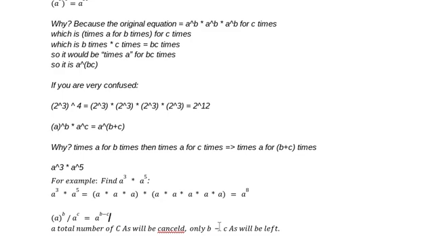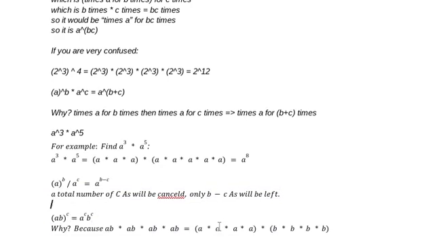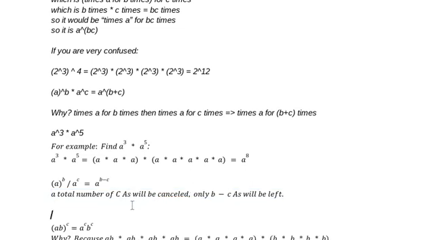The next thing would be this. This one is that when you divide a to the power of b by a to the power of c, c a's will be cancelled and only b minus c a's will be left. So let's give you an example. A to the power of 6 divided by a to the power of 3.